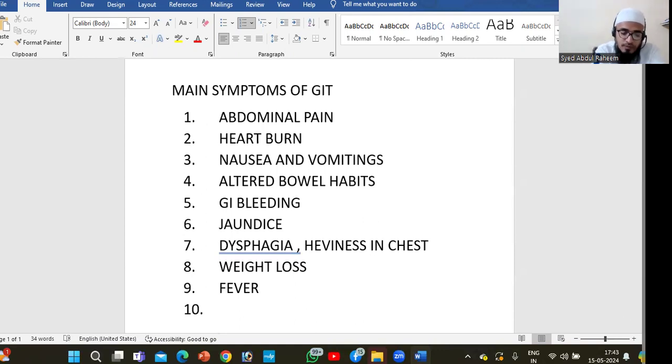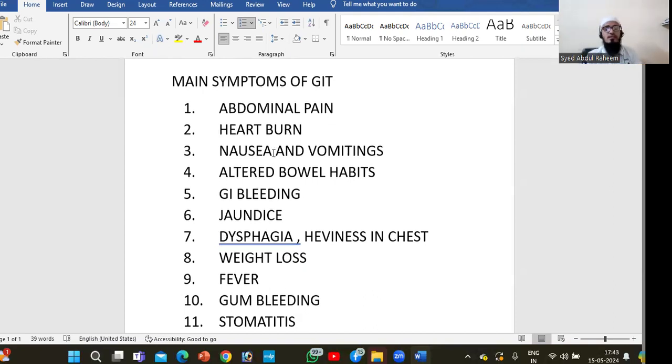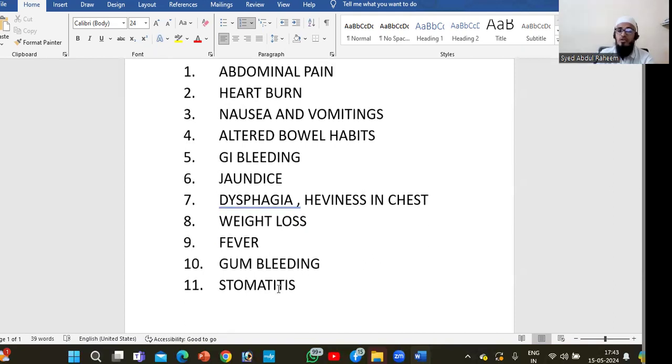Sometimes we have gum bleeding, and stomatitis, meaning ulcers on the tongue. These are due to malabsorption and deficiency of vitamins.